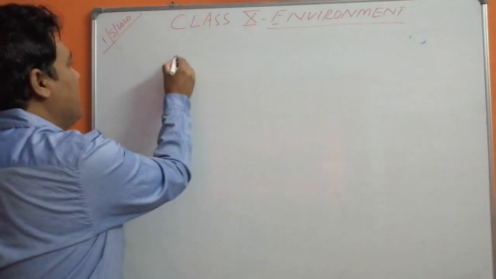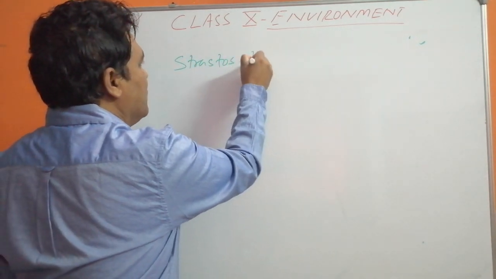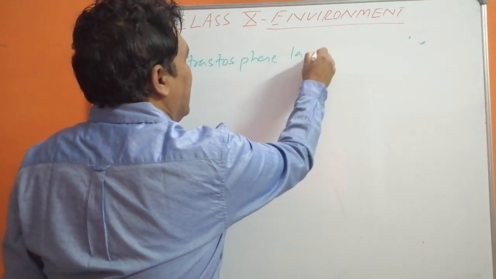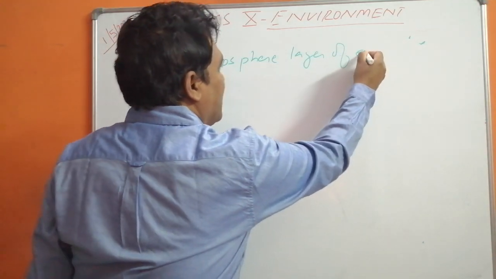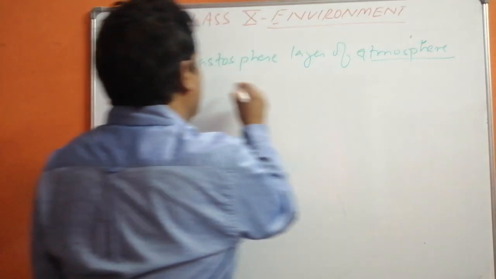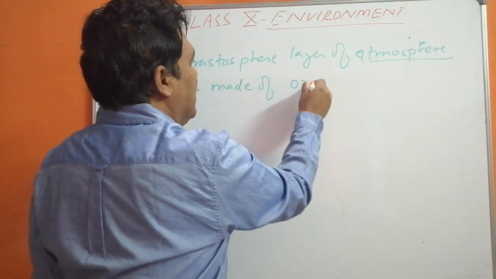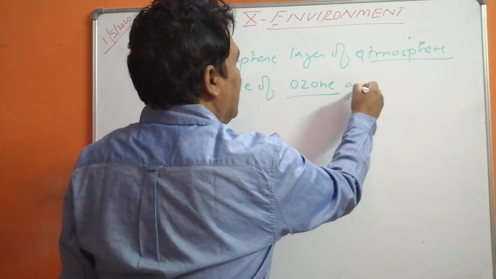Now, first, the stratosphere layer of the atmosphere is made of ozone gas.